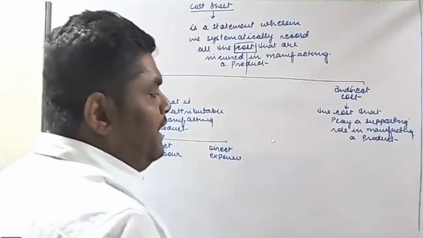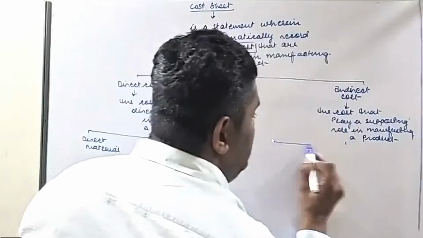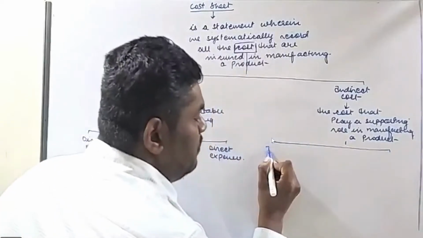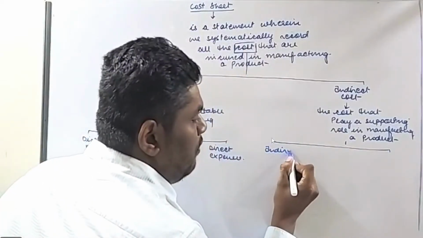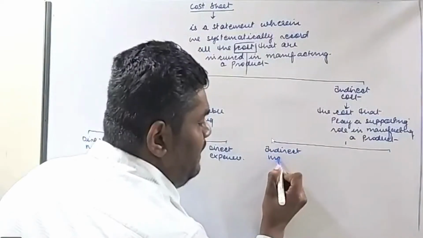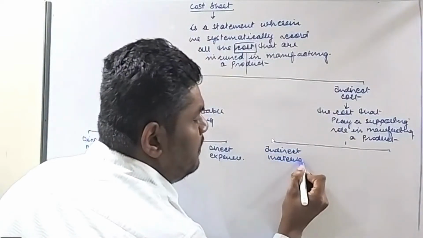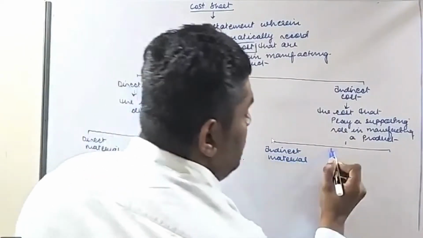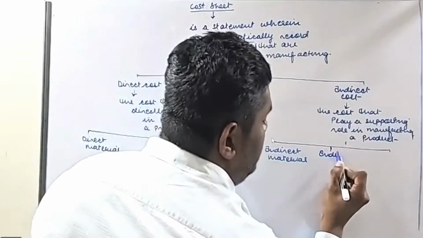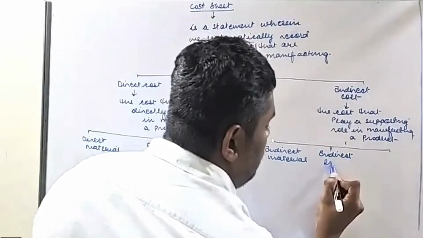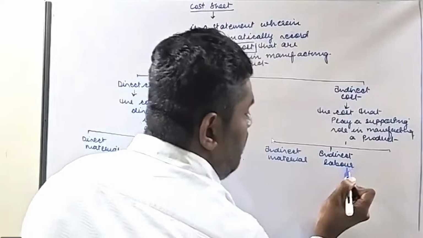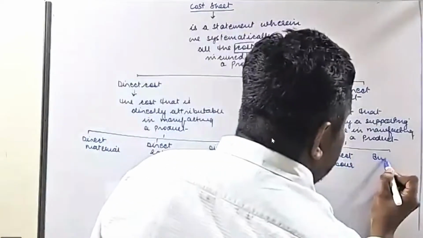Further, indirect cost can also be classified in three parts: indirect material, indirect labor, and indirect expenses.